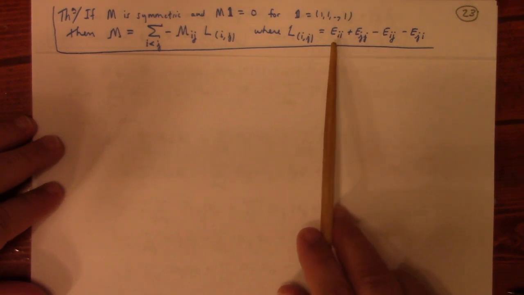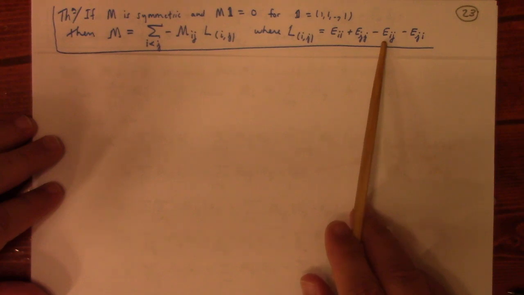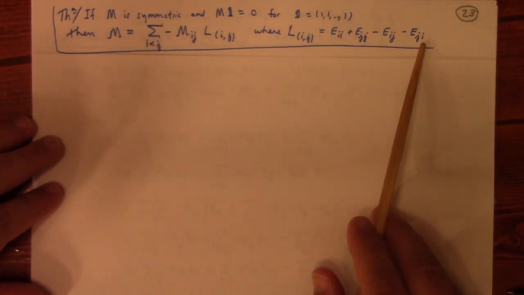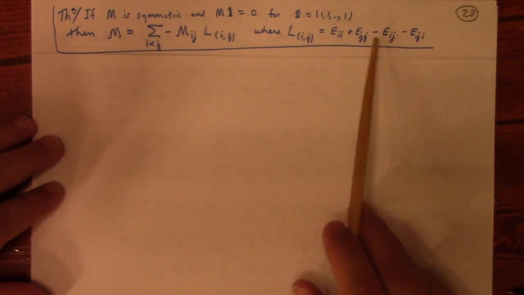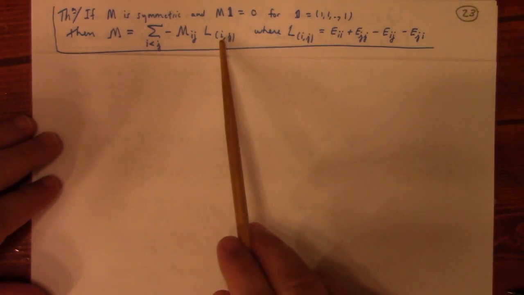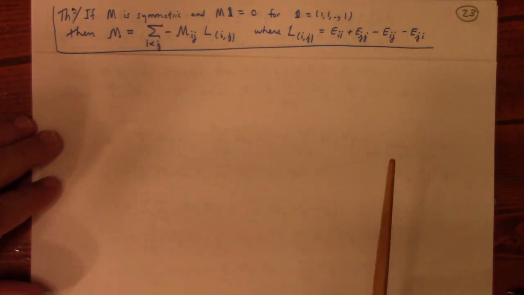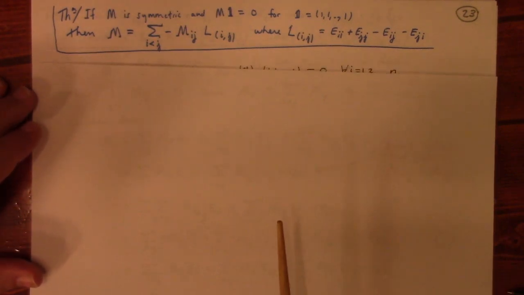It's got a 1 in the ii spot, another 1 in the jj spot, a -1 in the ijth component, and a -1 in the jith component. So it's an n by n matrix of all zeros, except for these 4 non-zero components. And it corresponds to an edge going from i to j, if we go back to the graph theory. But let's just talk about the matrix here for a bit.